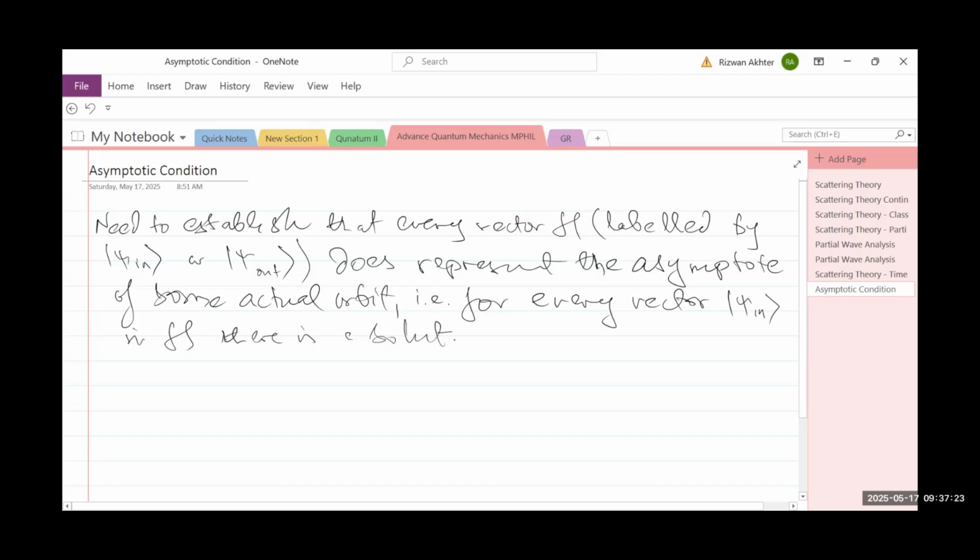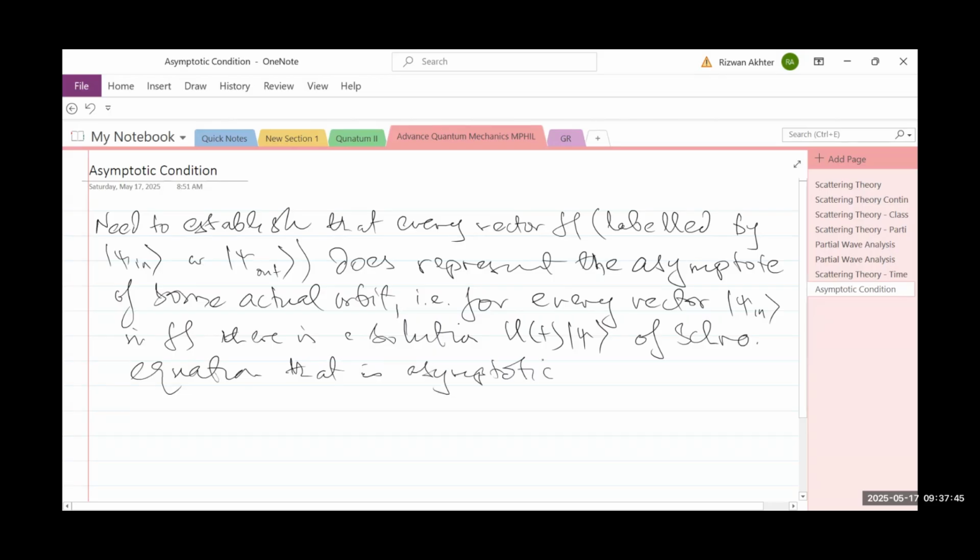that is asymptotic to some free orbit, which is basically written as U naught of t.